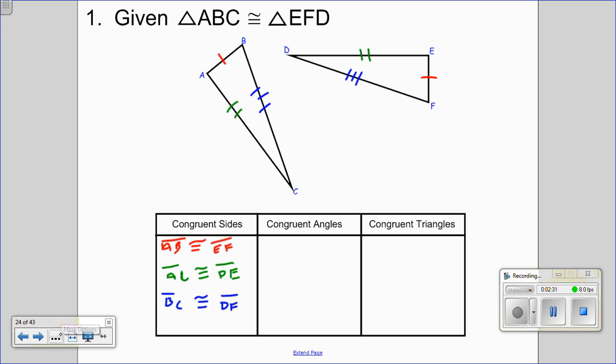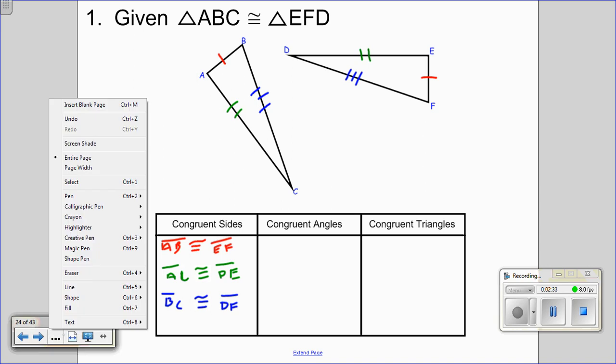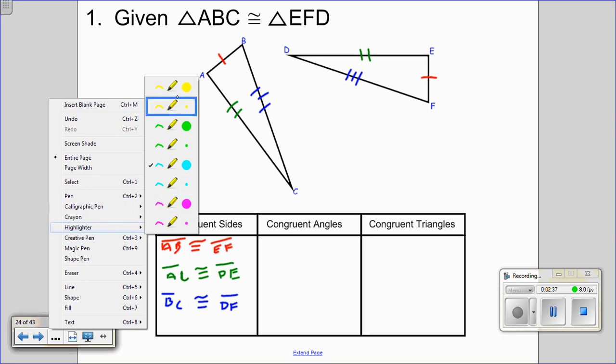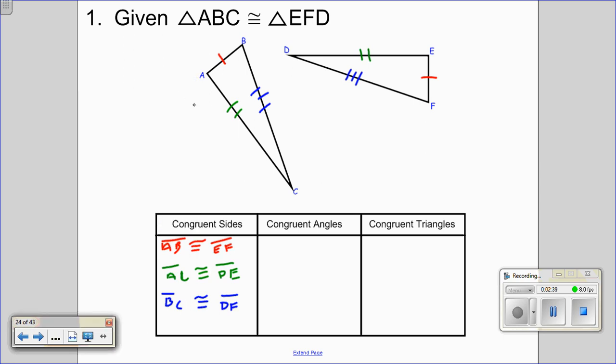Now we're going to focus on angles. When it comes to angles, look at the given information, and the vertices that are listed in that same order will be the vertices that are congruent.